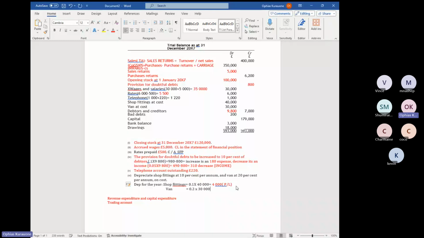We are given here 30,000. Then 1/5 of 30,000, which is 6,000 here. So the 6,000 will be recorded in the profit and loss. This is P and L.